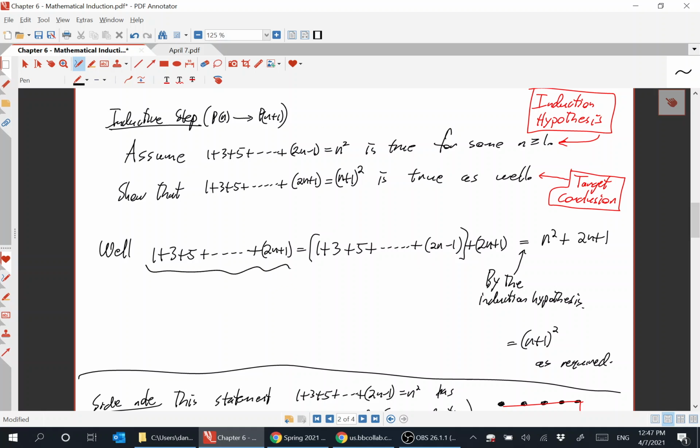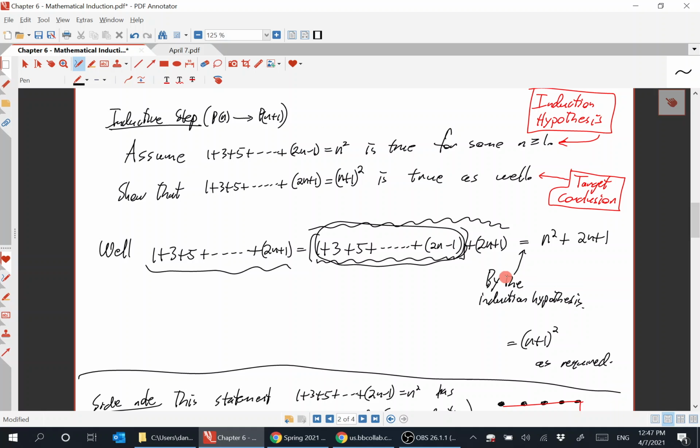So this sum can be written as 1 plus 3 plus 5 up to 2n minus 1 plus 2n plus 1. Well, we assumed that this sum is equal to n squared, so this can be replaced by n squared. Why? That's the induction hypothesis. And you must state explicitly when you use the induction hypothesis.